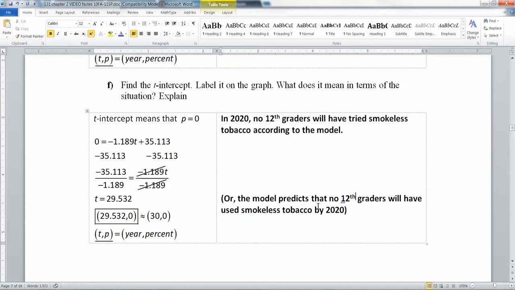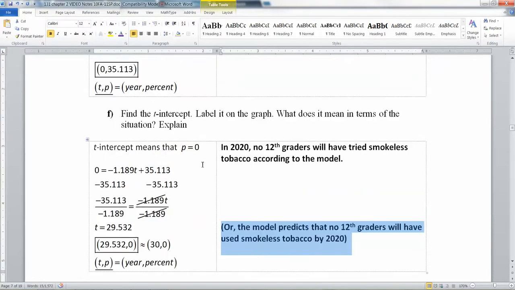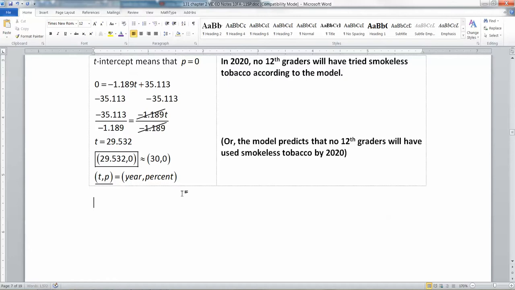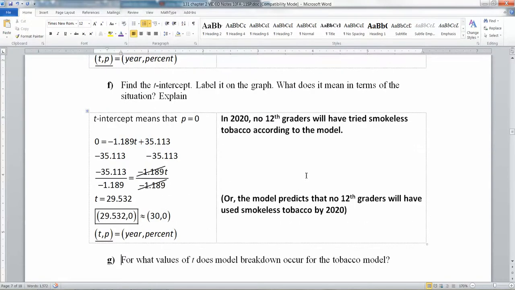Something like that. Now the good thing to notice is that the way you write up the interpretation part is not going to be exactly the same all the time. What's important is that you do two things. One, you make a complete sentence that makes sense mathematically and so on. And two, you have to explain both numbers. Intercepts have 2 coordinates.